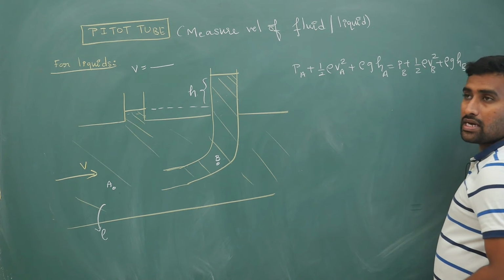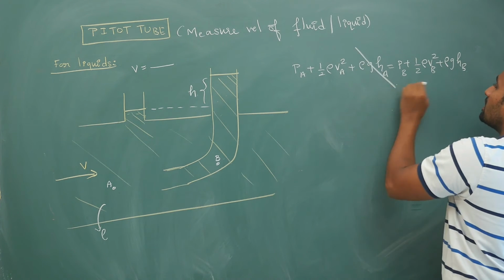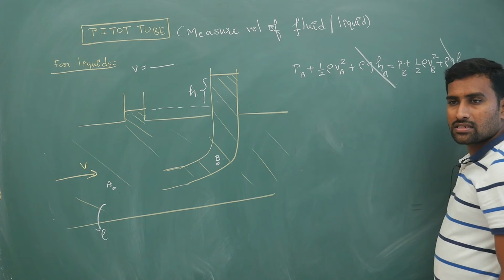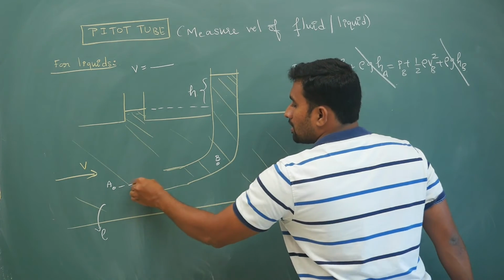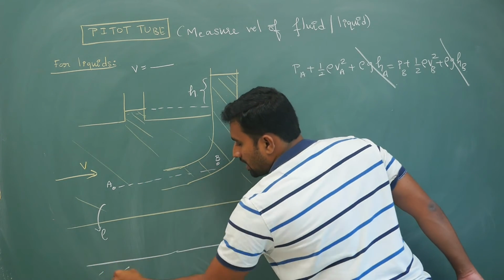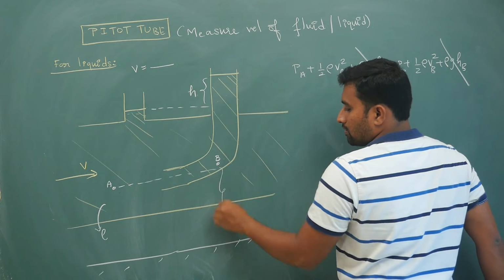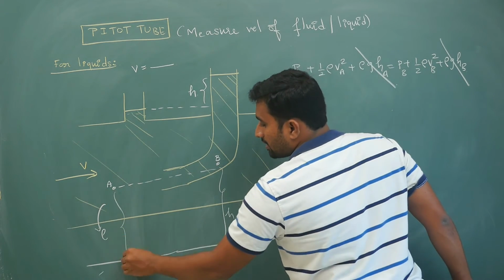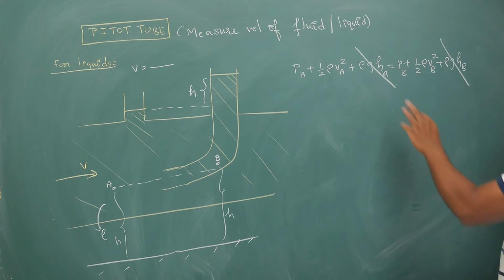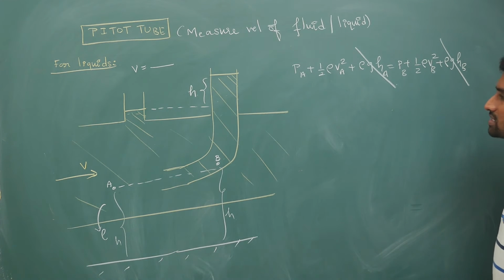Now here your rho g HA and rho g HB will cancel off because both are at the same height. You are taking from the ground, same height indirectly. So what is your target? Calculation of velocity, v equal to how much. So rho g HA is equal to rho g HB.